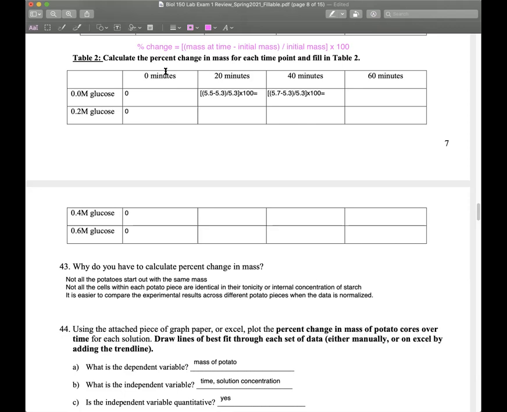You can keep parsing down the time into smaller and smaller increments to an infinite degree. So between 0 minutes and 20 minutes, even though we're just recording these 2 points in time, there are an infinite number of possible time points that could be measured between 0 and 20. And likewise between 20 and 40 and 40 and 60.